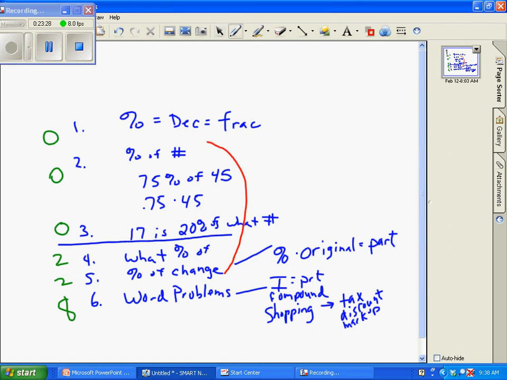If you can do numbers 2 to 5, then you can do the word problems. The only difference is I'm putting a lot of that yucky English stuff in there. So as long as you're still looking and focusing on these concepts, 2, 3, 4, and 5, you can do the 6 word problems because it's all based on those. All right, tomorrow that's where we'll pick up on 4, 5, and then we'll definitely spend all of tomorrow working on word problems.